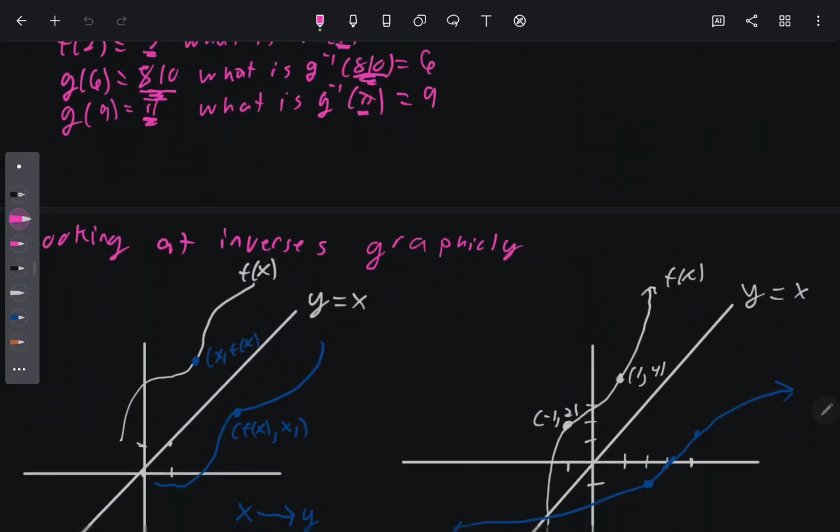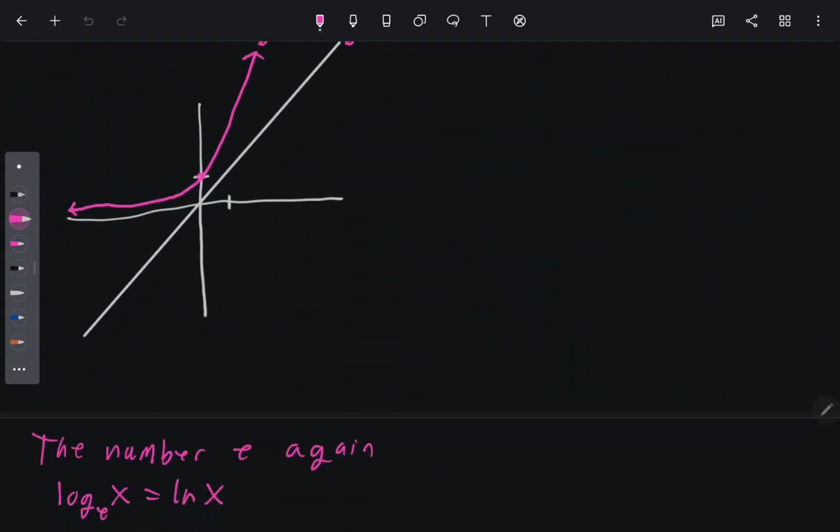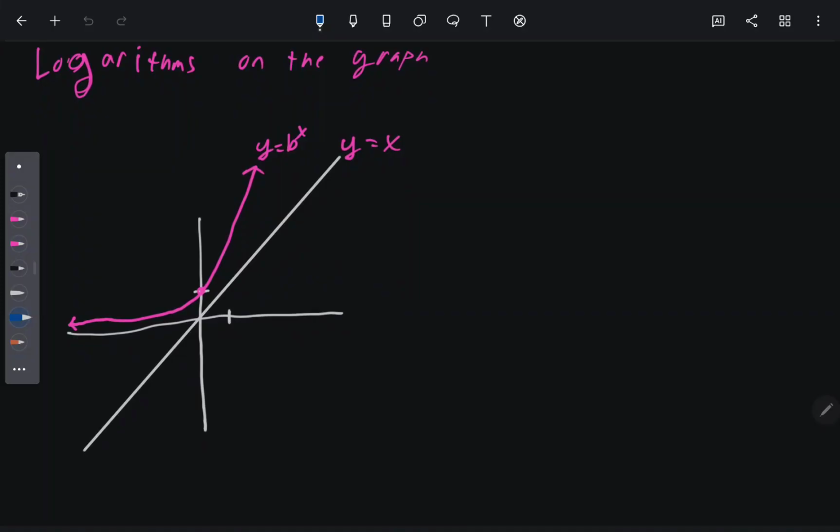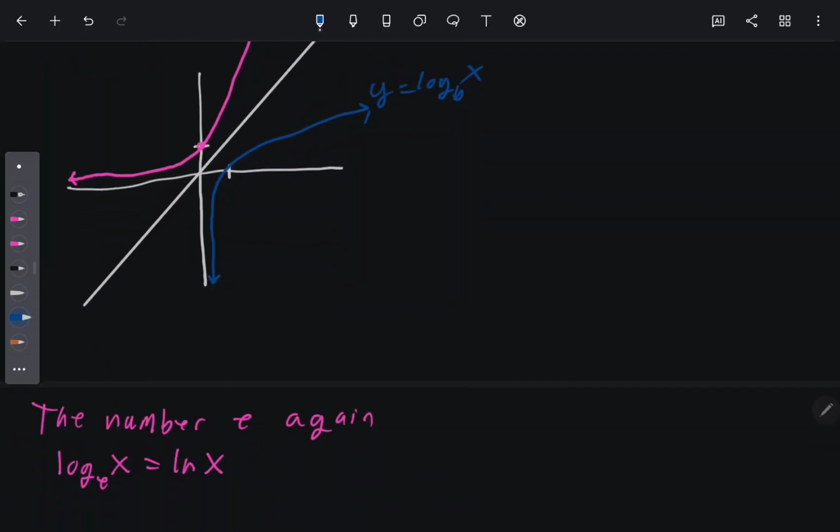We are going to see that the logarithm is going to be a perfect mirror of this function. So it's just y is equal to log base b of x. And you'll see they're perfect mirrors of each other on the graph.